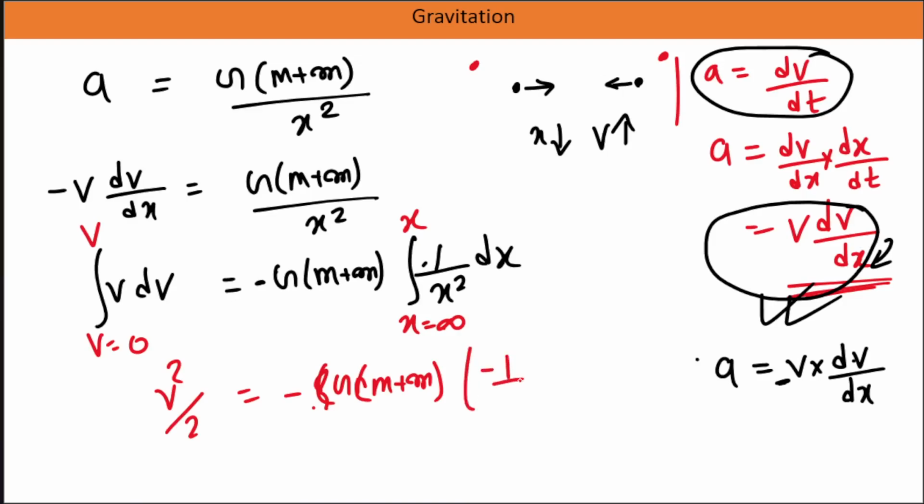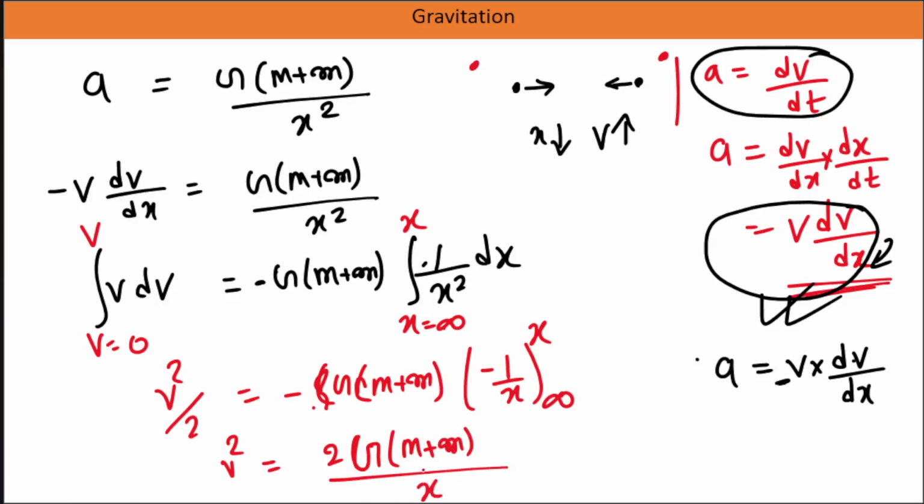This will become minus 1 by x and limit will change from infinity to x. So this will become how much? This will become minus 1 by x. So minus minus it will get plus. So v square is equal to 2g m plus m divided by how much? x. So basically v square is this much.